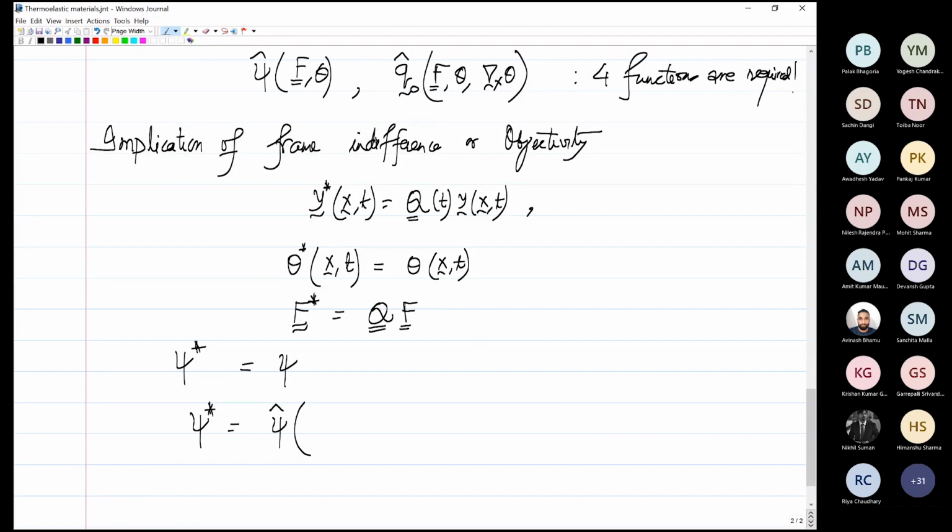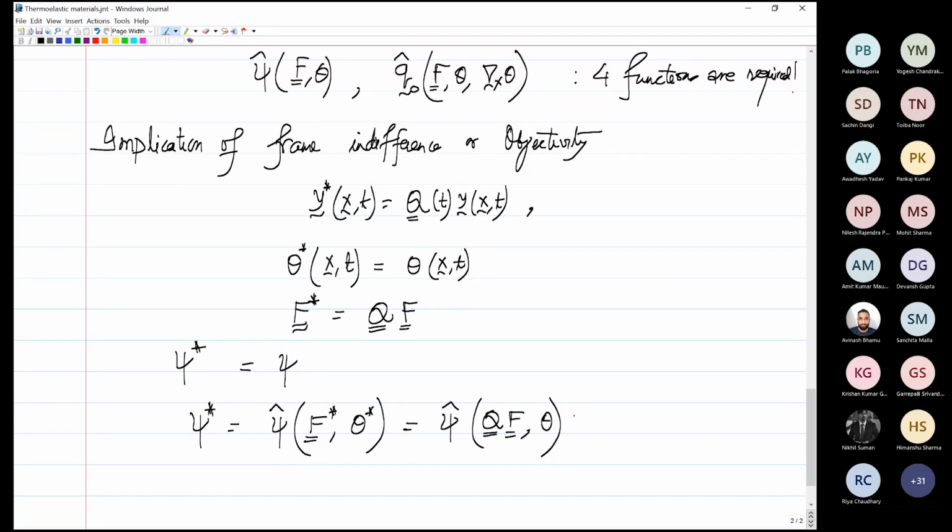But psi star is the actual value in the motion. So psi star will then be the function psi hat evaluated at f star comma theta star, isn't it? But that's equal to psi hat of qf comma theta.